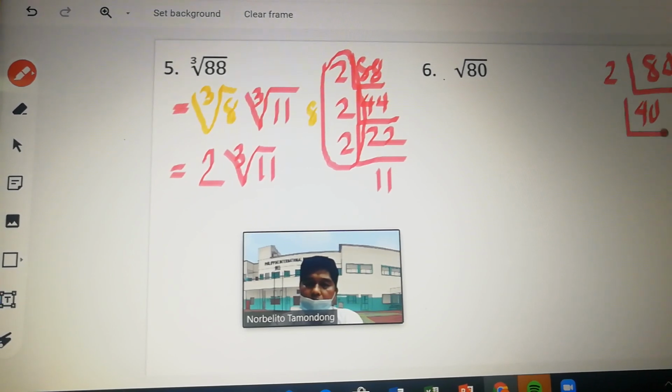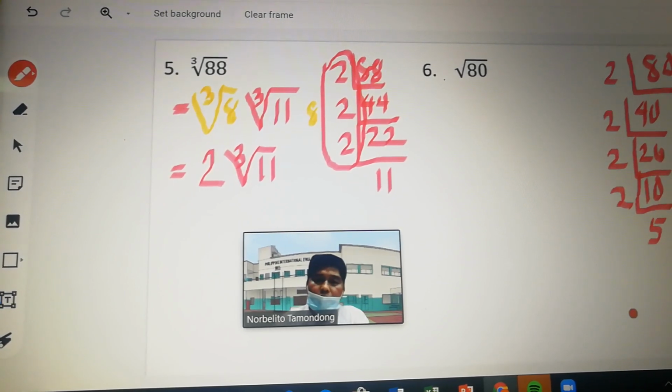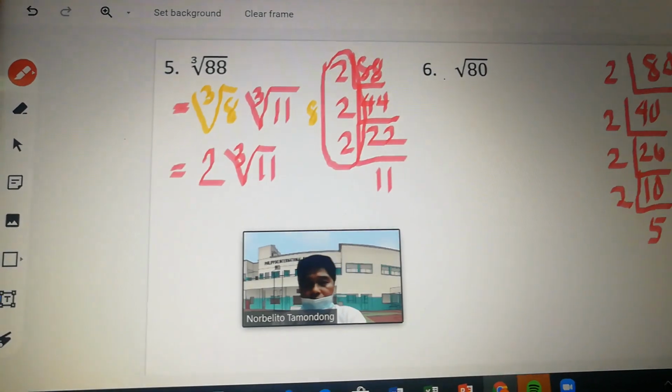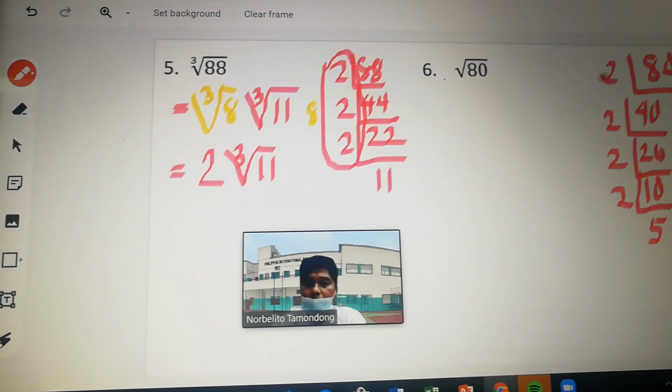By 2 again, equal to 20. So by 2, 10. Then by 2 equal to 5. Okay, so since your index is 2, you just get by pair. Okay, encircle by pair.